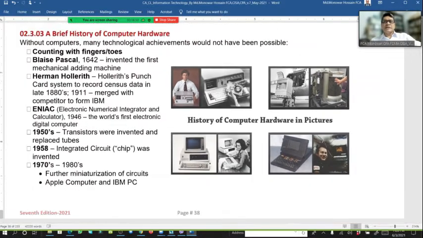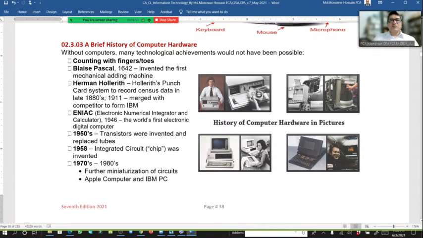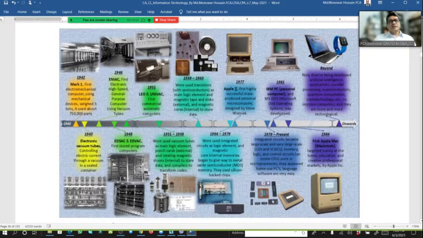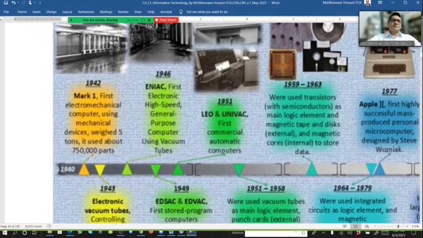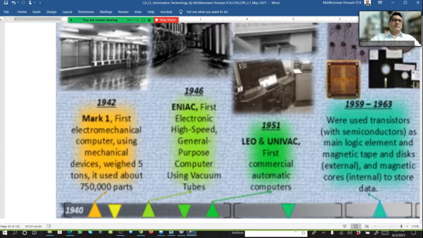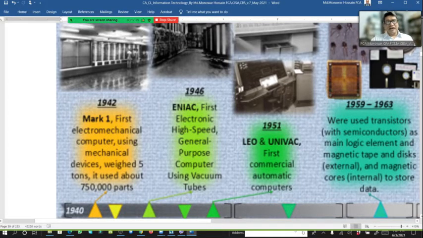Now computers are very small, and we are using laptops. Looking year by year, starting in the 1940s, in 1942 the Mark I, an electromechanical computer using mechanical devices, weighed 5 tons and used about 750,000 parts.